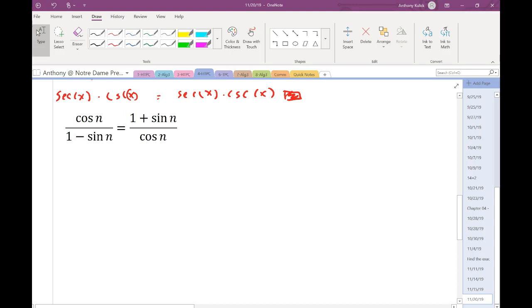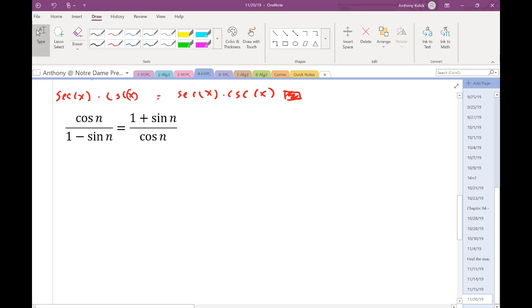I would probably say the left-hand side, just because the denominator has the addition or subtraction in it. I think that is slightly more complicated than if the numerator has addition or subtraction, because at least then I can break that up into two fractions. The denominator with addition or subtraction, you can't do that.